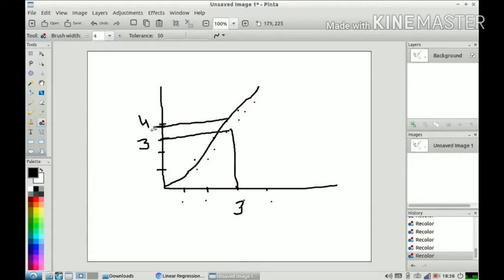So what we understand here is the values predicted by the model can be different from the actual values. Here the difference between this point and this point is called error. I will denote it by E. So this is an error.